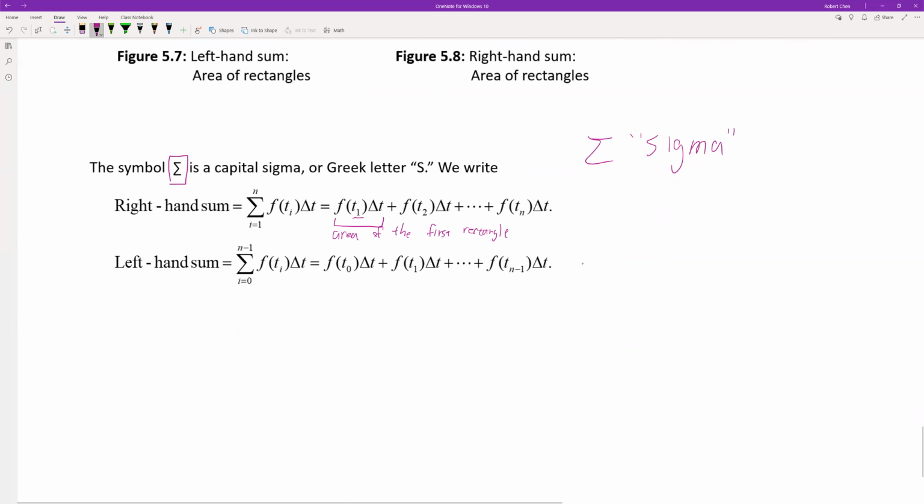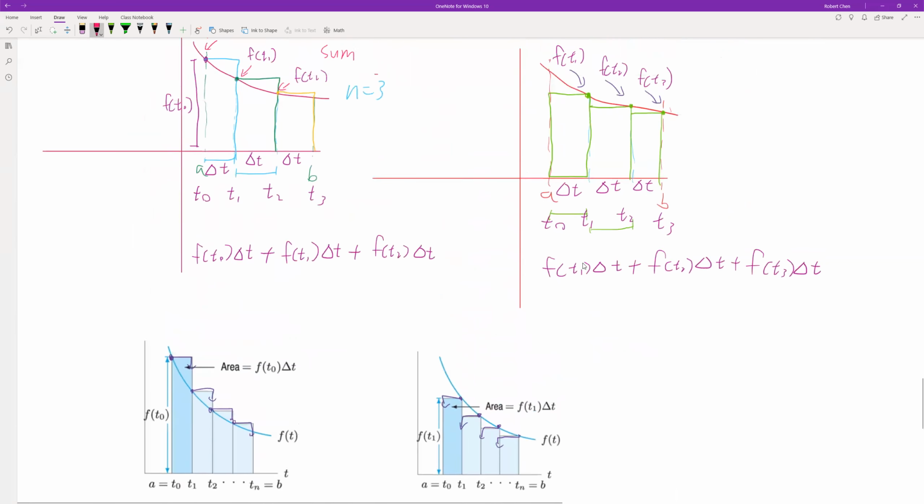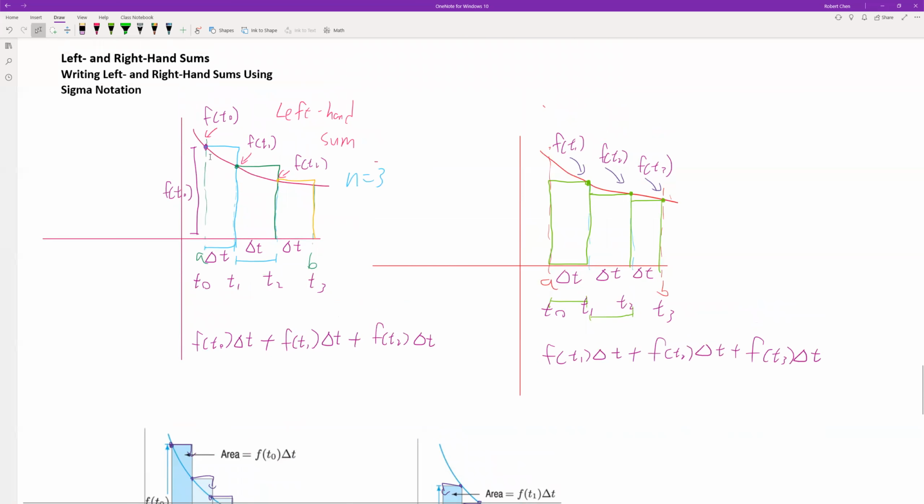Whereas if you look at the left-hand sum, we are starting with t0, because it starts at the first value, which is a. In that case, t0 is our reference point, taking the left value of each rectangle, and the height of the rectangle will be f of t0.